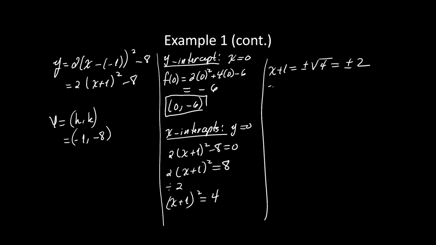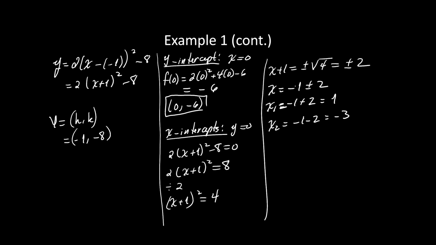So let me bring the 1 over. So x1 is negative 1 plus 2, or 1, and x2 is negative 1 minus 2, or negative 3. Okay? One time we take the negative here, and the other time we take the positive.